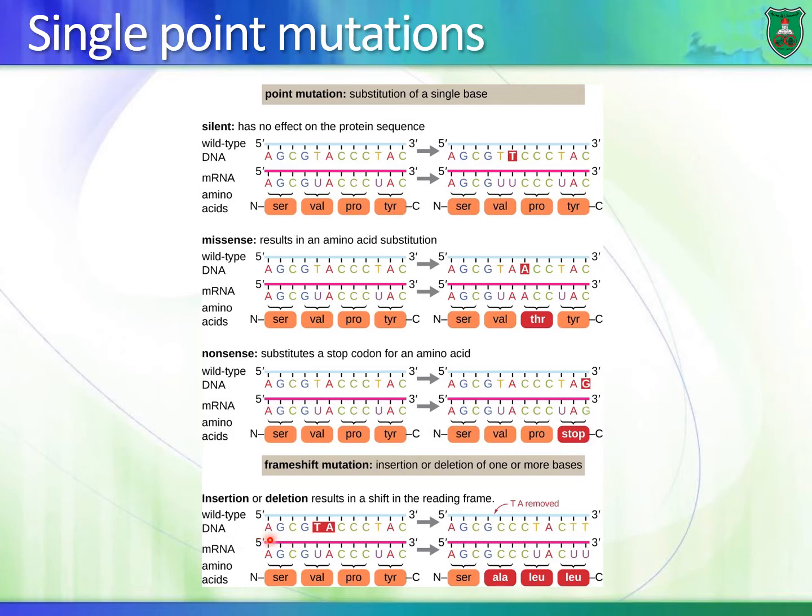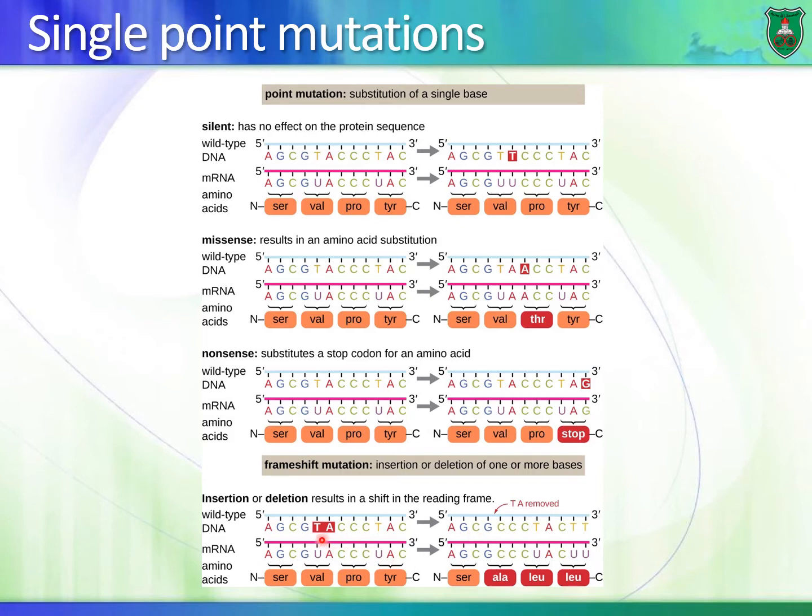Right here, for example, you have AGC, then GTA. Now you have AGC and then GC, so the TA is removed. By the way, you can have removal of one nucleotide or two nucleotides, and that would cause a frame shift mutation. What that causes is a shift in all of the triplets, all of the codons.